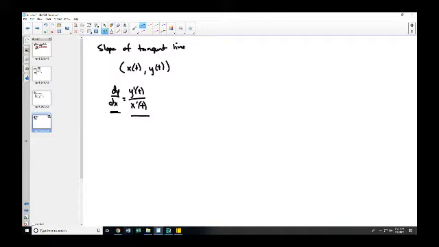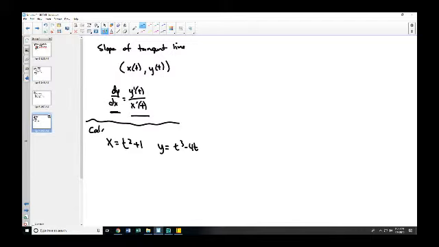Let's say that x equals t squared plus 1, and y equals t cubed minus 4t. Now I've written it differently than this, right? Two different ways to write parametrics.